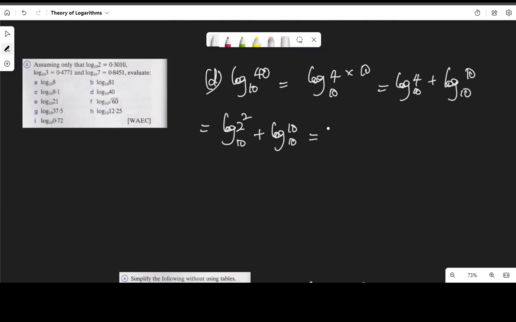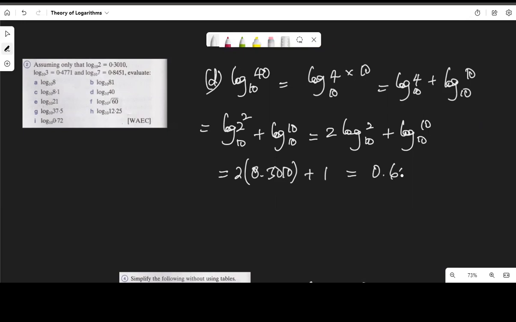That is 2 log 2 to base 10 plus log 10 to base 10, which is 2 multiplied by 0.3010, which is 0.6020, plus 1, which is 1.6020.